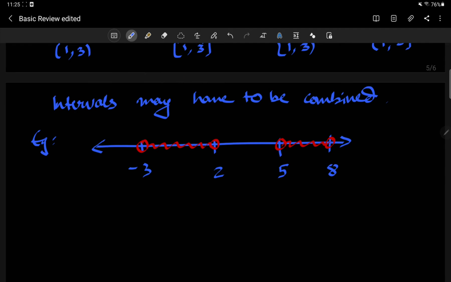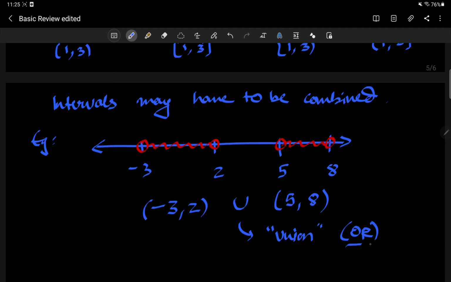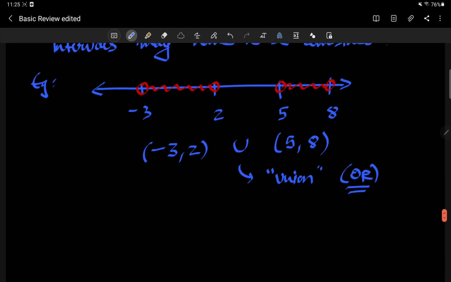So what you do is you write each of them. This is going to be negative 3 comma 2, and this is going to be 5 comma 8, and you use this symbol which is called union, which is a logical OR. It means the solution is in this, OR is in this. And then you can mix all the possible conditions.